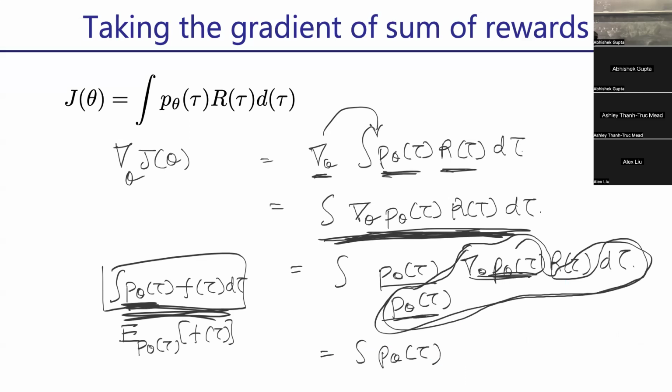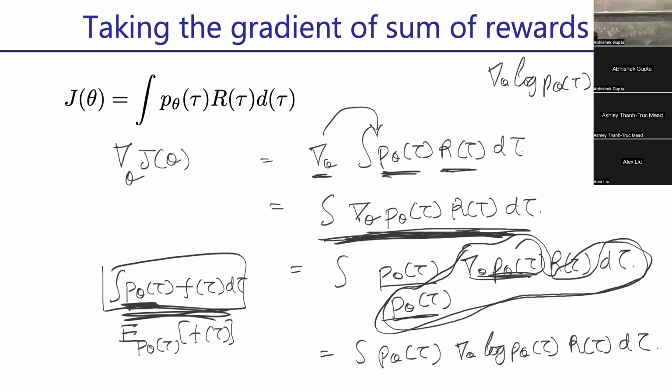So you can write this as grad theta log p theta tau times r tau times p theta. Right? So here's the trick that we use, which is grad theta log p theta tau is 1 over p theta tau times grad theta p theta tau. Right? That's the definition of chain rule for the log.